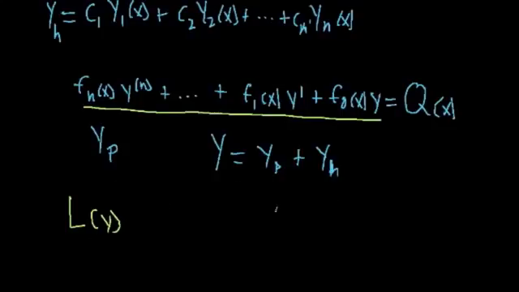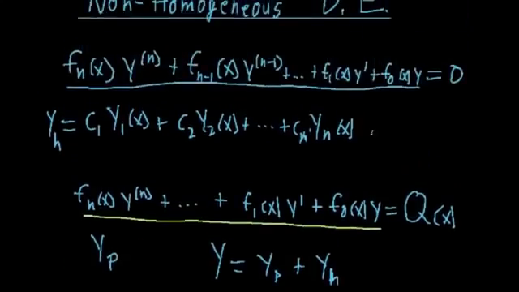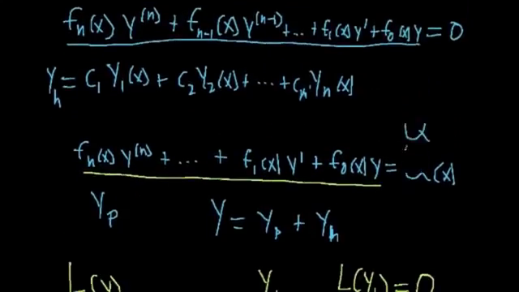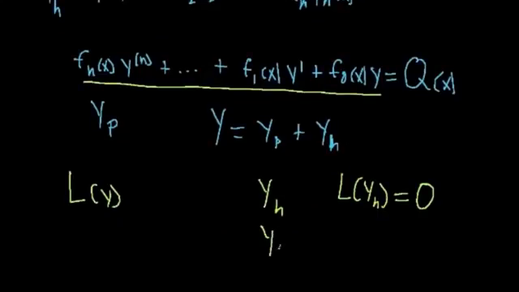And we know that if we had one solution, the homogeneous solution, and we were to plug that in here, L acting on yh, then we'll get 0 as a result. And we know that if we had a particular solution, yp, and we were to plug it into this differential equation, L acting on yp, then we'd be left with q of x.